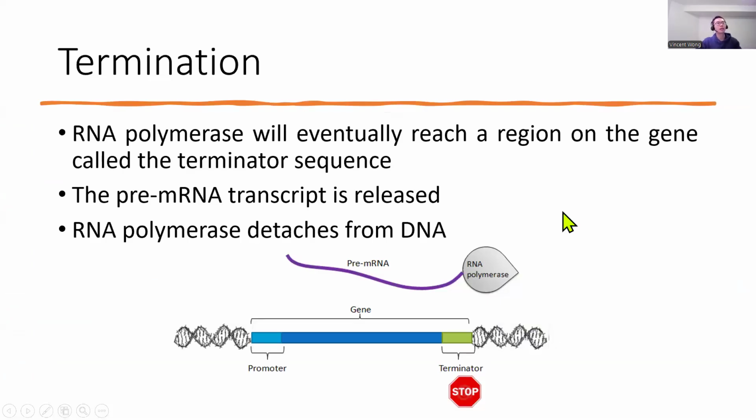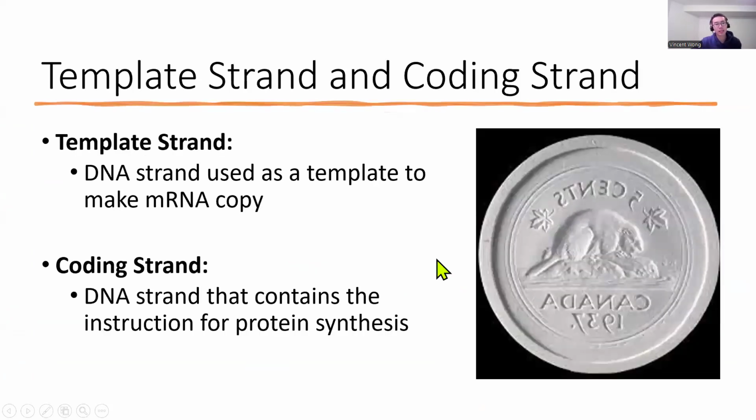Now, for those of you who might still be a little confused, and maybe you don't want to ask questions, that's fine. Here's another analogy to help you understand. When people make a coin at the mint, the mold that they use is not the same as what you want the coin to look like at the end. If it looks exactly the way you want it to come out, then it will actually come out backwards.